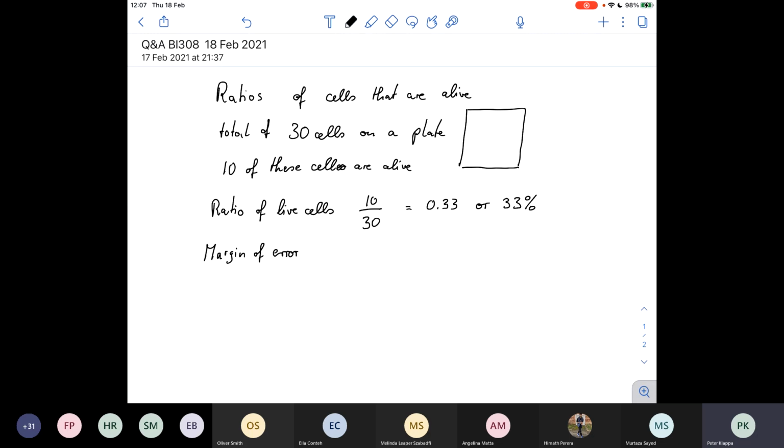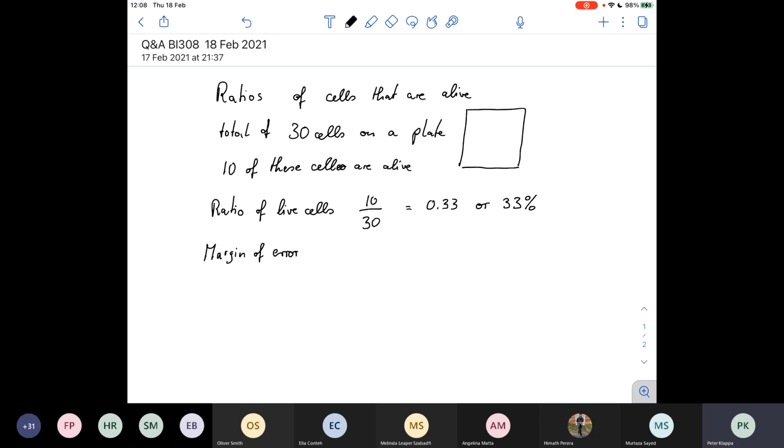So if we did this experiment lots and lots and lots of times, we would probably find something in the region of 33% would be our ratio of live cells.